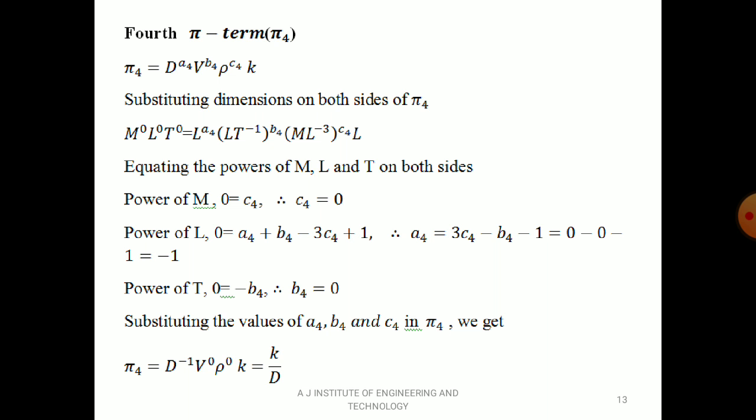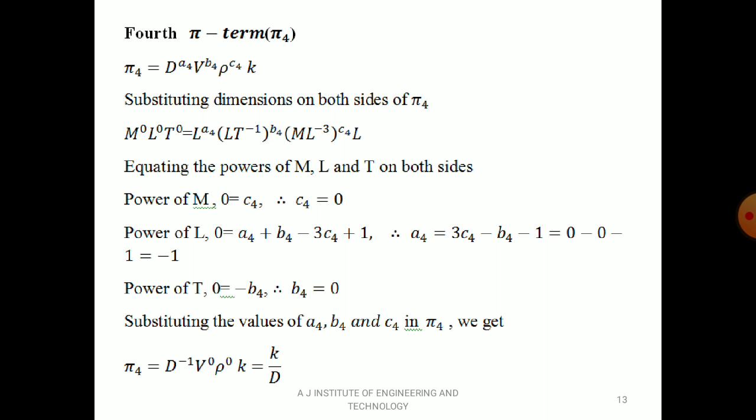Therefore b4 equal to 0. Then we can substitute b4 and c4 values in the equation for a4. Therefore a4 equal to 3c4 minus b4 minus 1. As the values of c4 and b4 are 0, a4 equals 0 minus 0 minus 1, that is equal to minus 1.